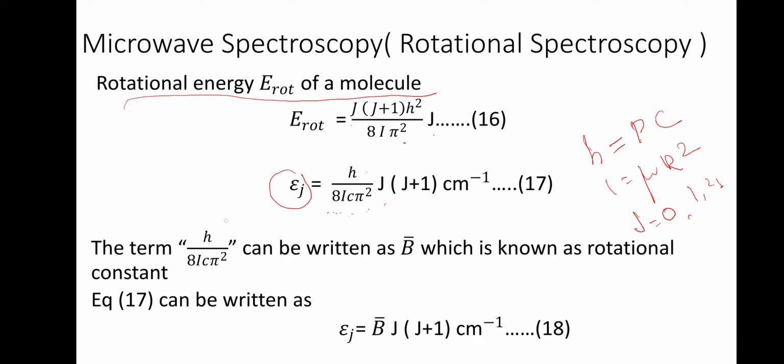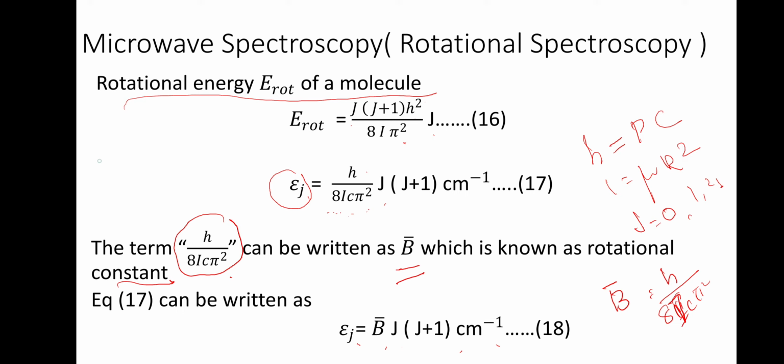Okay, in this term h divided by 8I c pi square can be written as B bar, which is known as the rotational constant. So in the expression for epsilon j, you can write it as B bar j into j plus 1 centimeter inverse. B bar is equal to h divided by 8I c pi square.